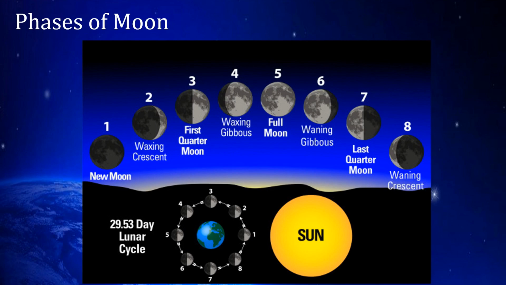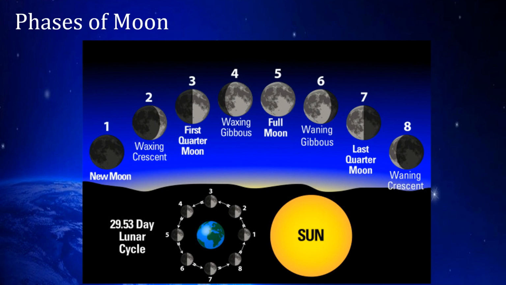Now, let us understand phases of the moon. For this, we should understand waxing and waning. Waxing is growing with light until a full moon is reached.